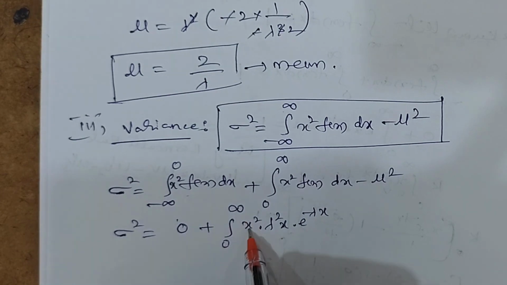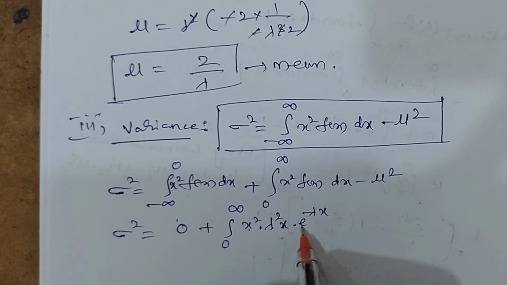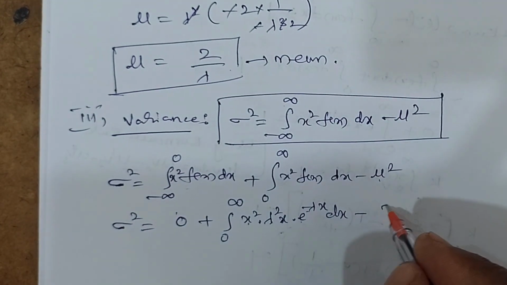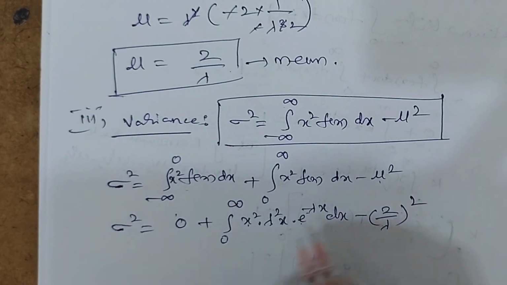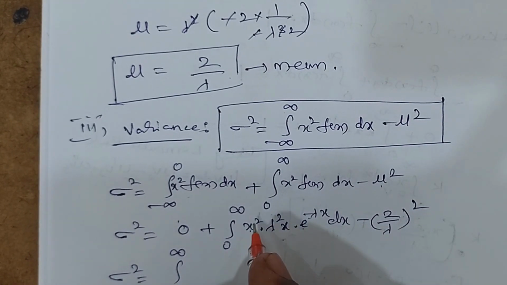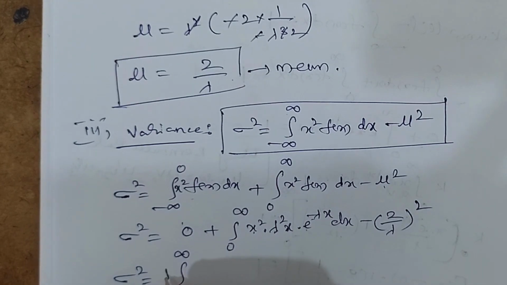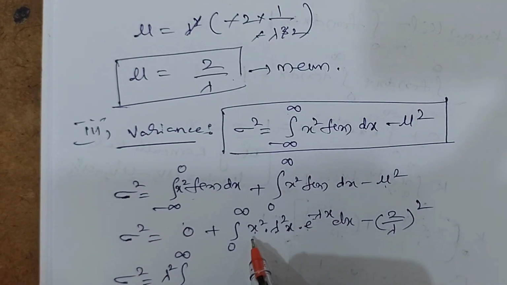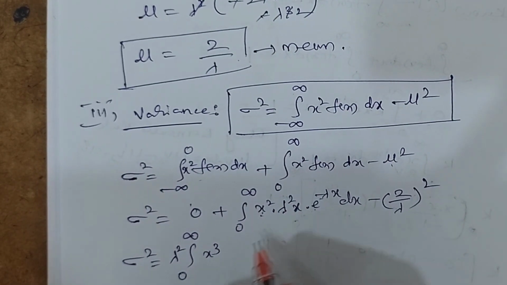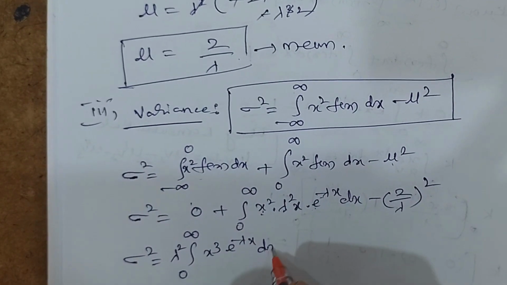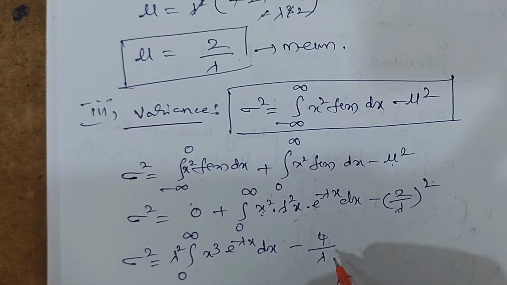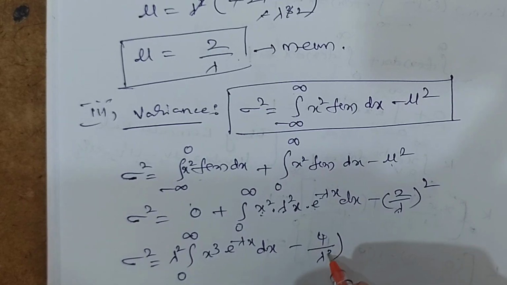So 0 to infinity x square into lambda square into x into e power minus lambda x dx. Again the mu value is the mean, that means 2 by lambda whole square. So sigma square is equal to 0 to infinity x; here lambda is constant, so take it out in front. Next x square into x means x cube, so the remaining value is e power minus lambda x dx. So 2 by lambda squared means 4 by lambda square.